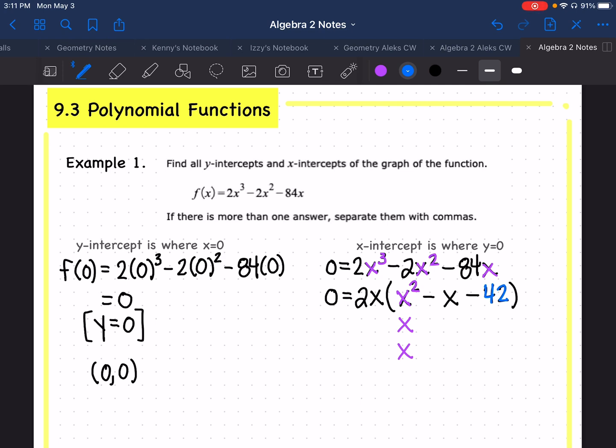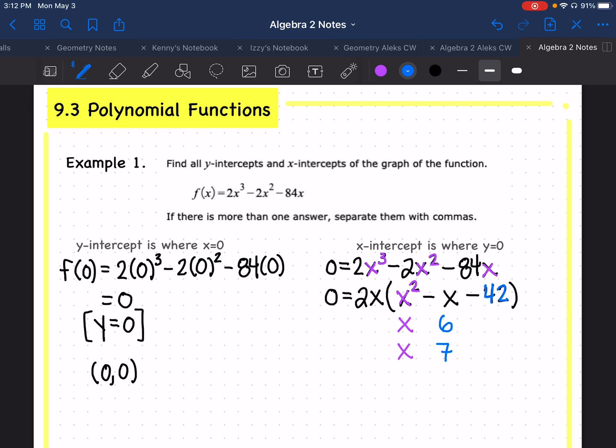It could be 2 times 21, 3 times 14, I think. 4 maybe. Let me see. 3 times 14. Let's see if 4 goes in there. No. 5, no. 6. There we go. 6 times 7.